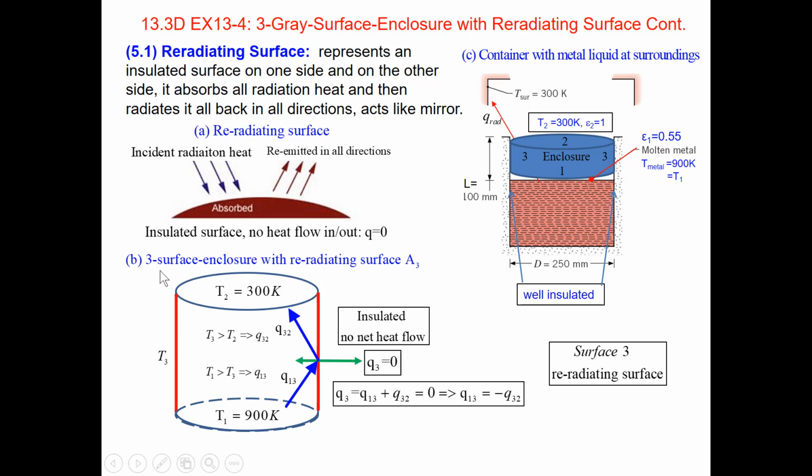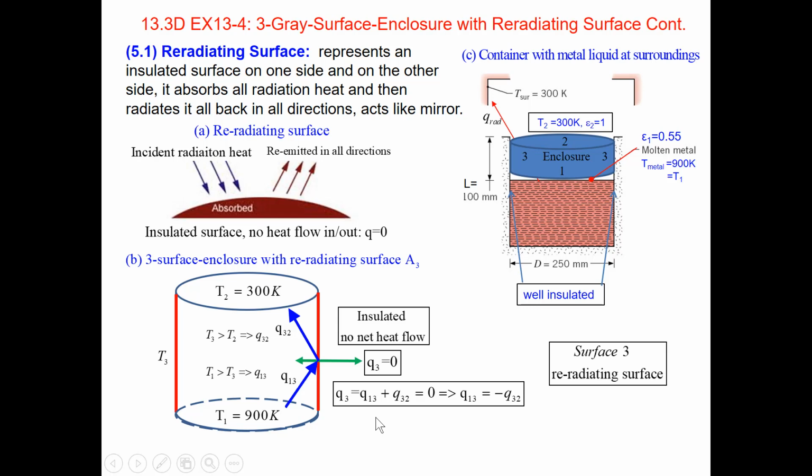Now, look at our 3 surface enclosure. On one side, it is well insulated, therefore there's no net heat flow in or out. On the other side, there's radiation heat flow coming onto surface A3 due to the temperature difference.